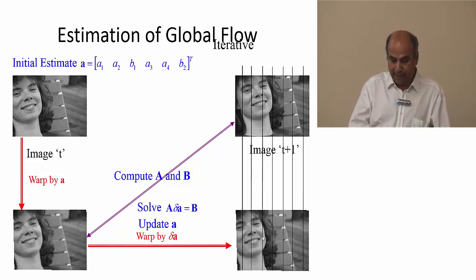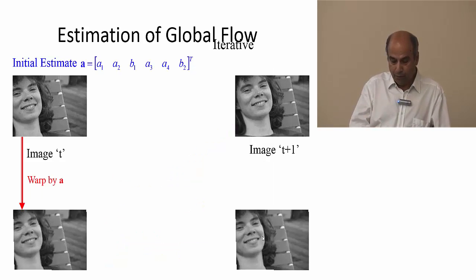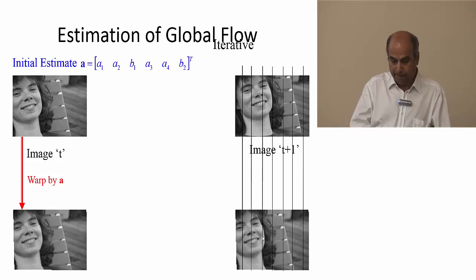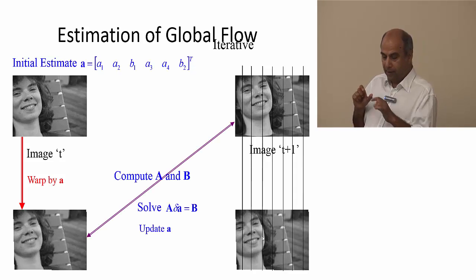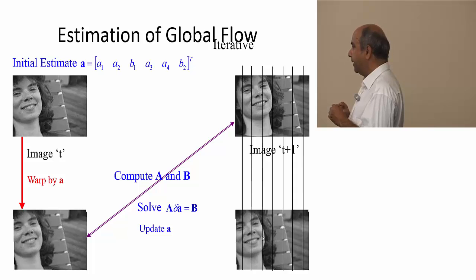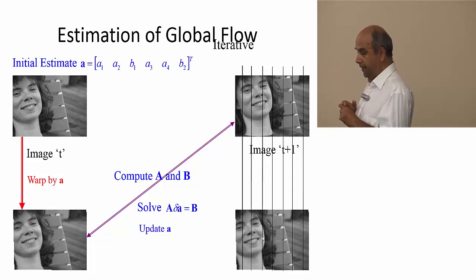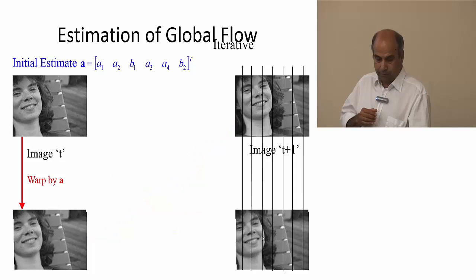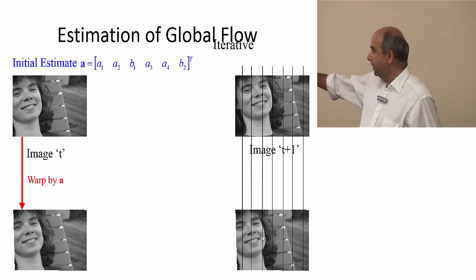So after warping, we have this. Then we are going to estimate the delta A, as we talked about, and we get delta A, we update A by adding, and then now warp it.